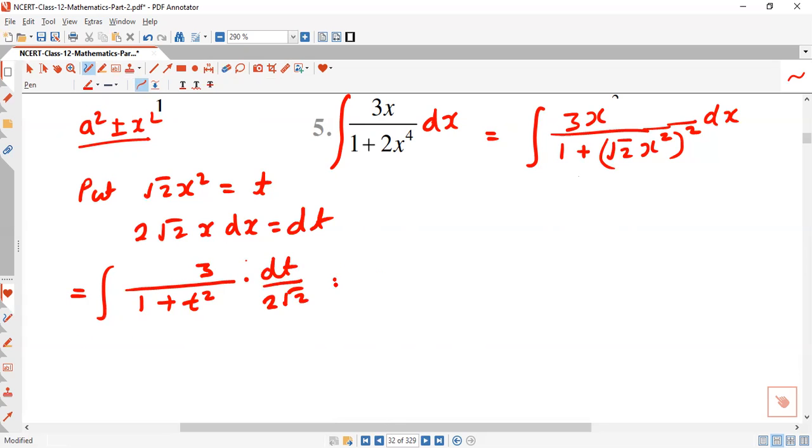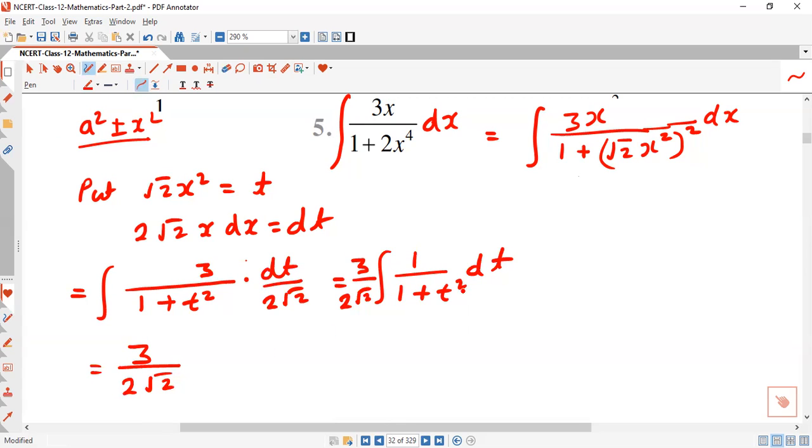Simplify this. Taking the constant outside, 3 upon 2 root 2, integral of 1 upon 1 plus t square dt. We apply the simple formula: 3 upon 2 root 2 times tan inverse t plus some constant c.